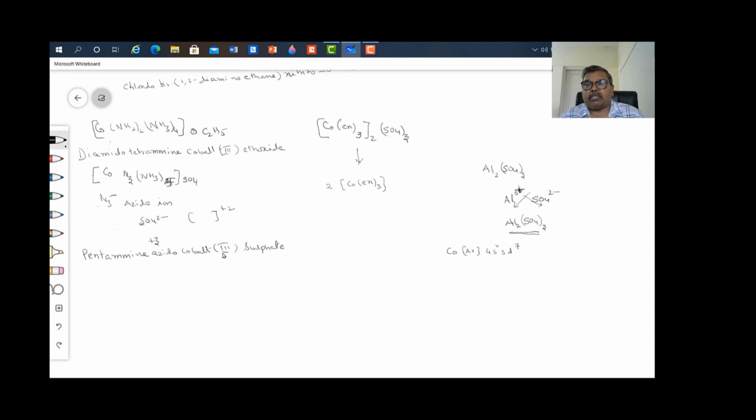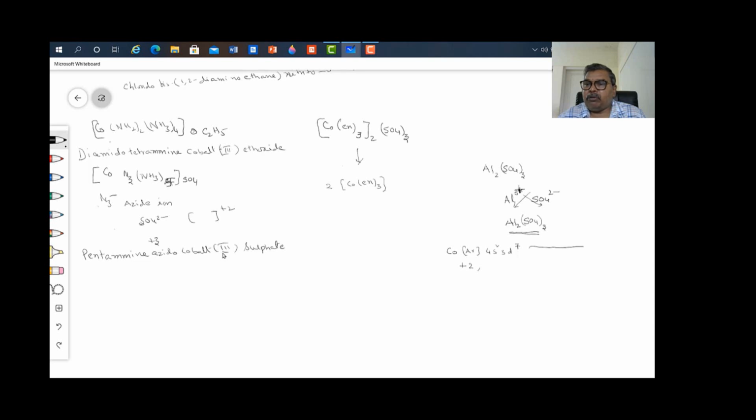Cobalt, nickel, copper, zinc: zinc 30, copper 29, nickel 28, and this is 27. So cobalt can exhibit +2 oxidation state because of the 2 electrons present in the outermost orbit.